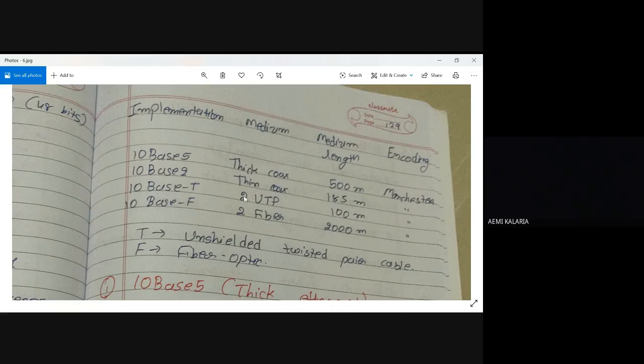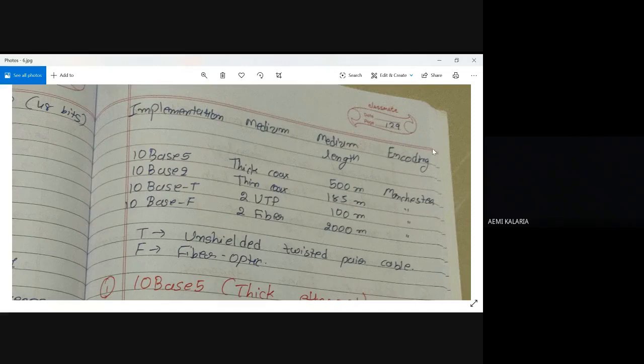Whenever T is there in any kind of Ethernet, we assume it is unshielded twisted pair cable, and the medium length is 100 meter. The last one is 10 base F. F means fiber or optical fiber, and the maximum medium length is 2000 meter. It is the highest medium length, right?